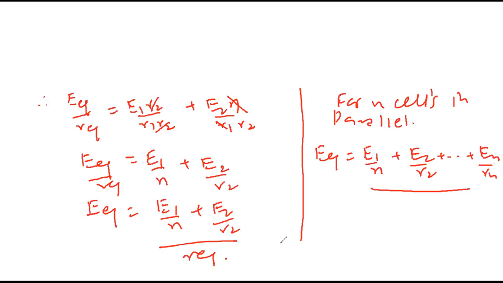R equivalent means effective resistance in parallel, where 1 upon R equivalent is 1 upon R1 plus 1 upon R2 and so on, because they are in parallel, right?